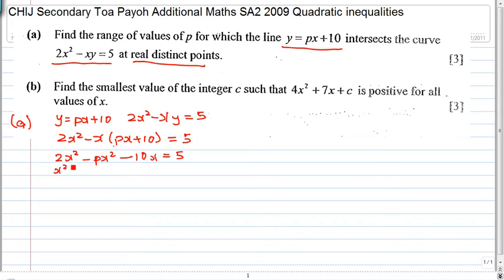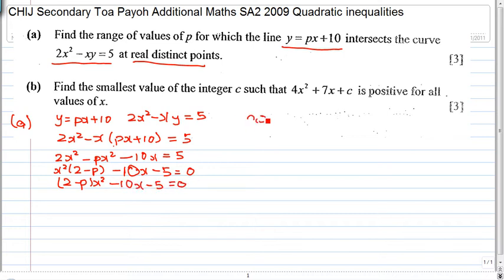We can extract x squared (2 minus p), minus 10x minus 5 is equal to 0. So 5, I shift it to the left hand side of the equation. Let me rewrite this as (2 minus p)x squared, minus 10x minus 5 equals 0.